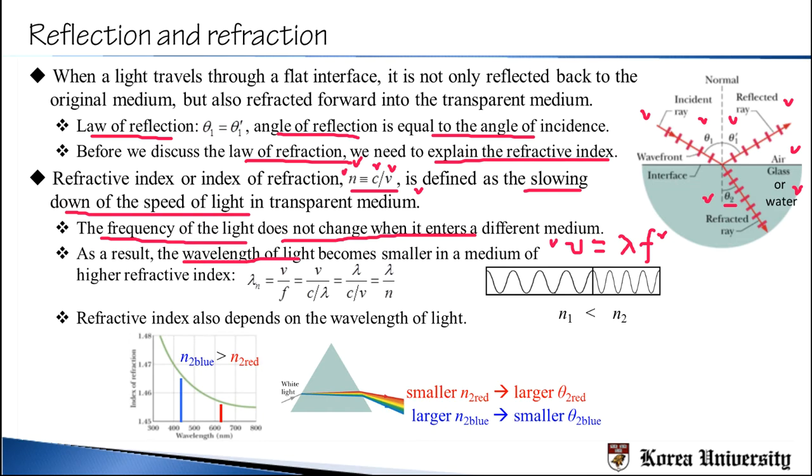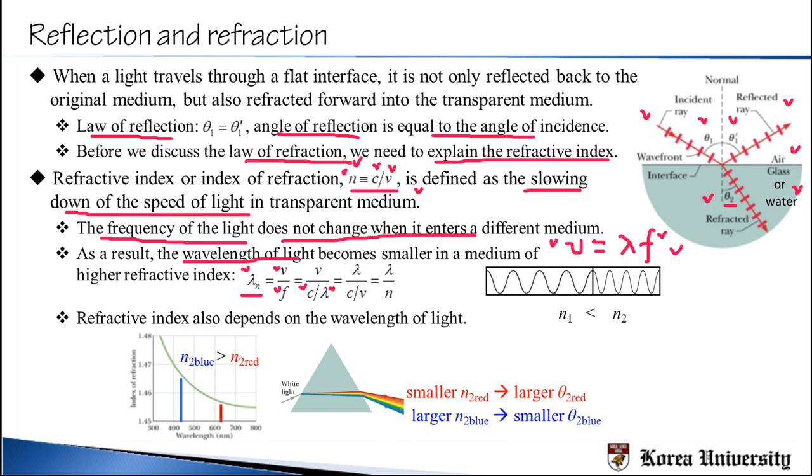So now let's try to write the wavelength inside the medium which has a refractive index n. According to this formula, this wavelength is equal to the velocity divided by the frequency, and this frequency is equal wherever the light is. So even in the vacuum the frequency will be the same, so we can use the speed of the light in vacuum divided by the wavelength of the light in vacuum.